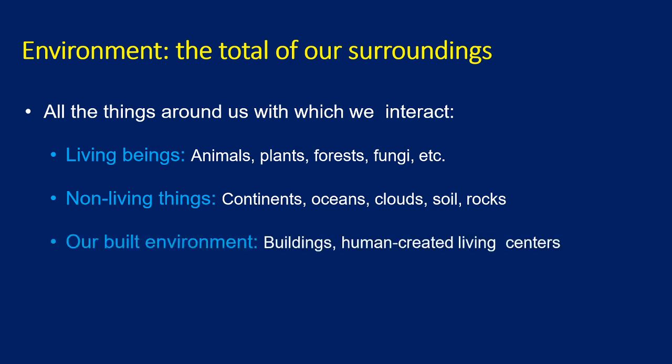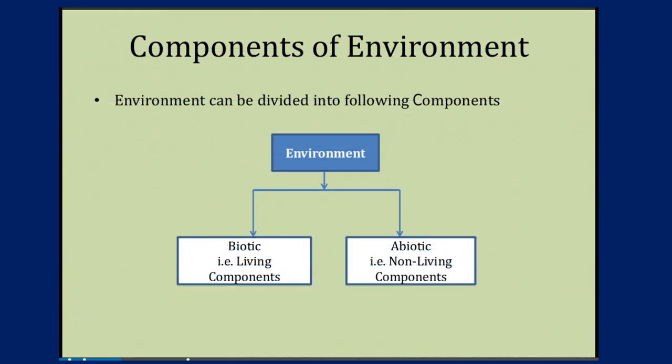Our own built environment: buildings, human-created living centers. One example is Palm Island in Dubai, a human-built environment. Then the social relationships and institutions. All these are part of our surroundings.